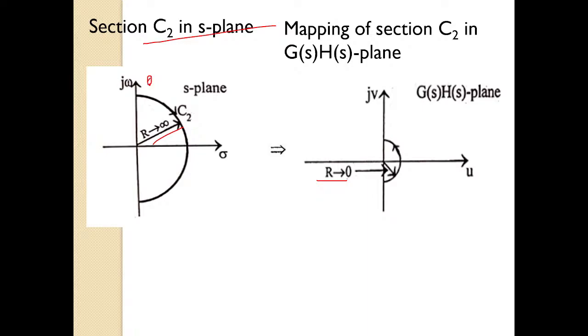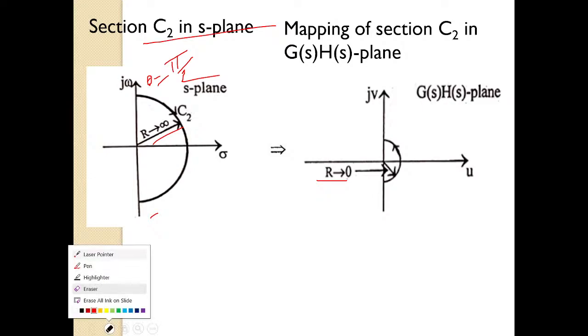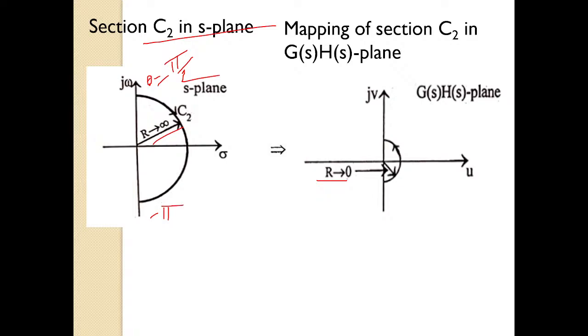Earlier theta was varying from plus pi by 2 to minus pi by 2.